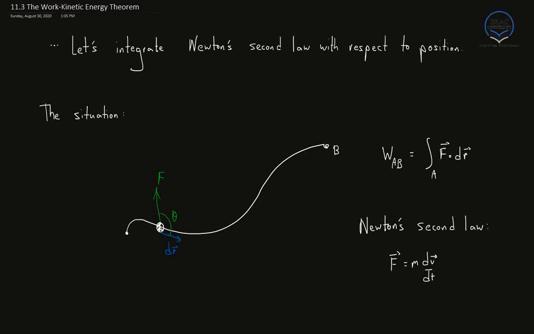So there's going to be some complicated mathematics here, but at the end of the day, all we are doing is integrating Newton's second law with respect to position. So let's look at the situation here.